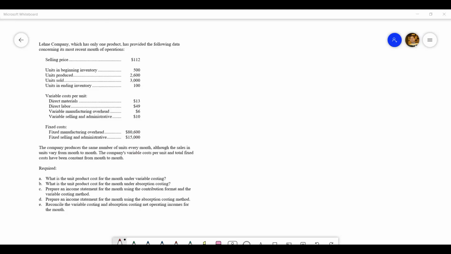For our first problem, Lene Company, which has only one product, has provided the following data concerning its most recent month of operation. It has a selling price of $112, units in beginning inventory of 500, units produced for the month of 2,600, units sold of 3,000 units, and units in ending inventory of 100.